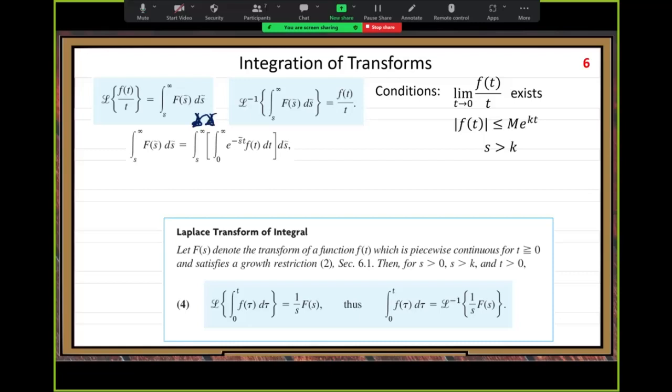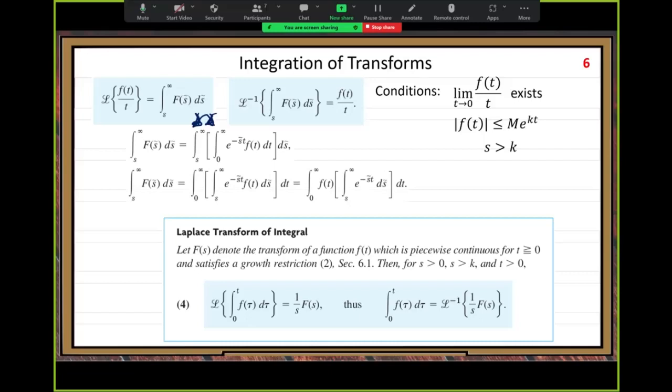The first one becomes the second one, and the second one becomes the first one. So next line, we do that swapping. Look at the inside one from 0 to infinity, it becomes the outside one, 0 to infinity.